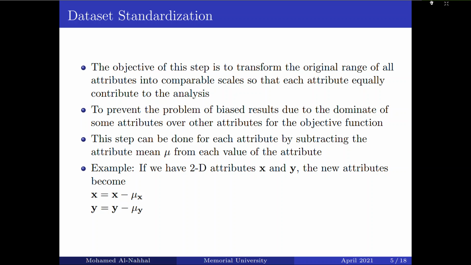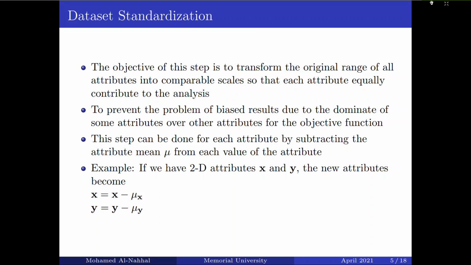First step, data standardization or normalization. The objective of this step is to transform the original range of all attributes into comparable scales so that each attribute equally contributes to the analysis, in order to prevent the problem of biased results due to the dominance of some attributes over other attributes for the objective function.